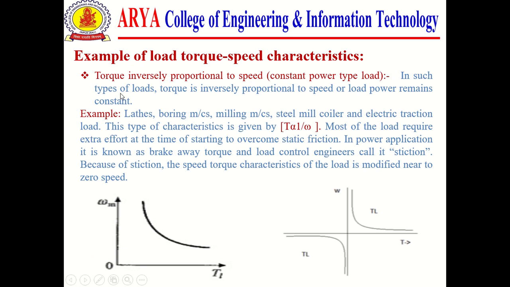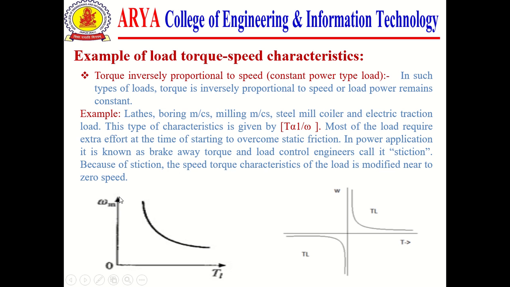In the fourth type, torque is inversely proportional to the speed, the constant power type of load. In such a load, torque is inversely proportional to speed wherever power is constant. The most common examples are lathe machines, boring machines, milling machines, steel mills, coilers and electric traction.